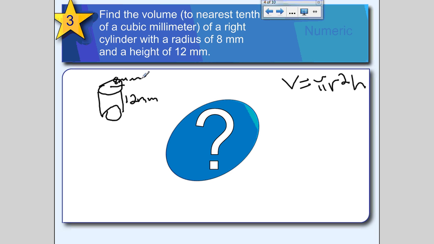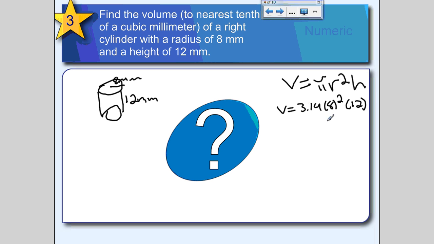In order to find the volume, we have r squared, so let's plug it into our formula: 3.14 times the radius 8, squared, times the height of 12. All we do is plug it in.